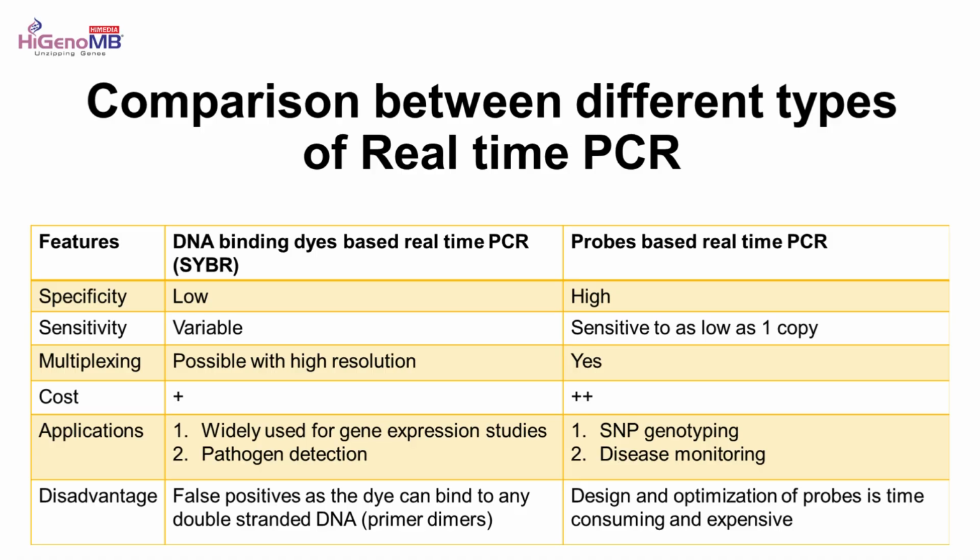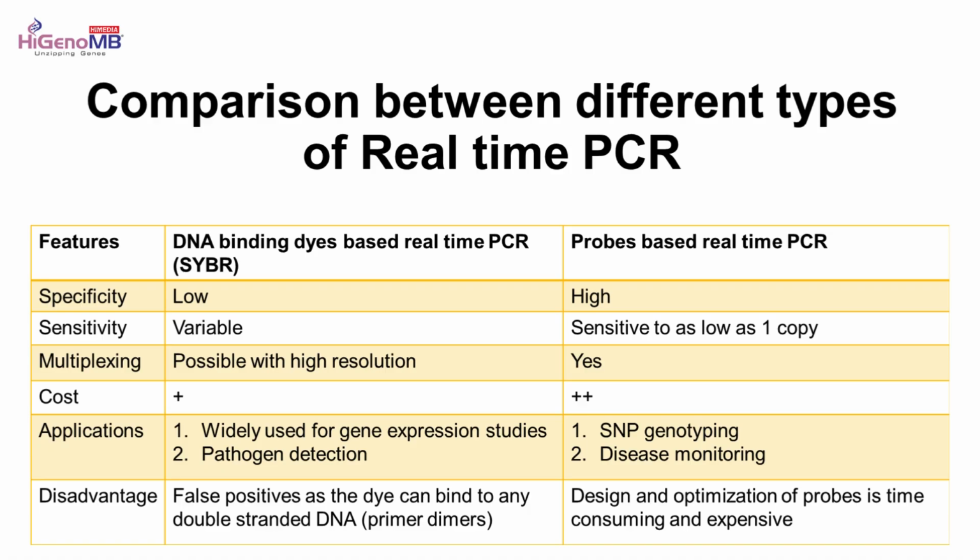Yes, that is possible in both, but with SYBR based you should use special reagents called high resolution melting DNA polymerases. Then the cost is relatively low in SYBR based real-time PCR, since you are having fluorophore and other specialized reagents in the probe based. It's costlier compared to other types of PCR.